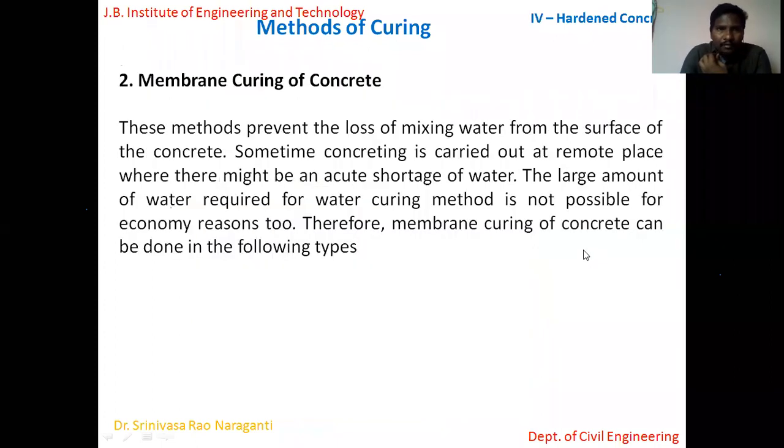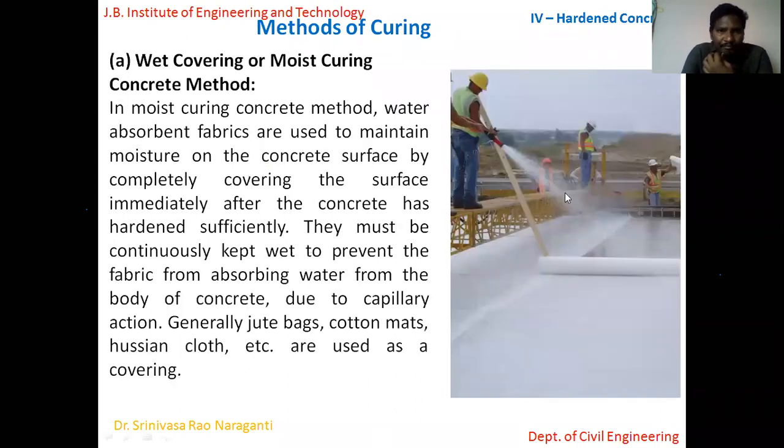Next, guys, we have membrane curing. Membrane curing is a type of curing where we use a membrane, in the sense of sheets, could be plastic sheet or other types of sheets, so that water evaporation doesn't take place. Let me show you. Look here, it is completely covered with an absorbent fabric.